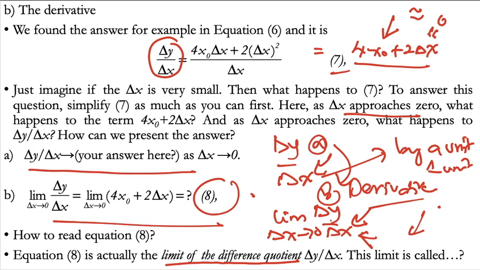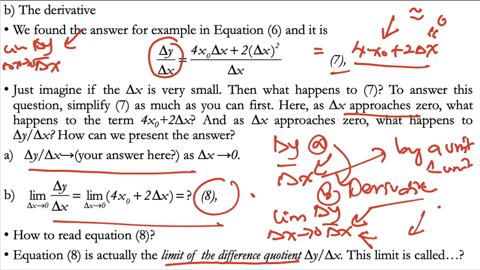So that's the difference between the derivative and the difference quotient. So be careful when you use these two different things. When you have change in y over change in x, it's not called the derivative anymore. It's just called the difference quotient. But when you put the limit here and change in x approaches 0, then that one is what we call the derivative.